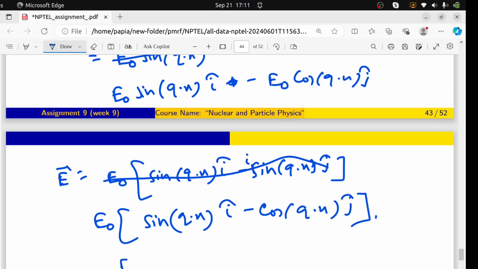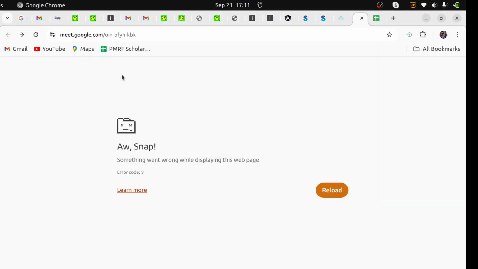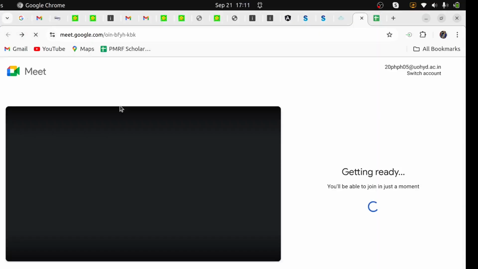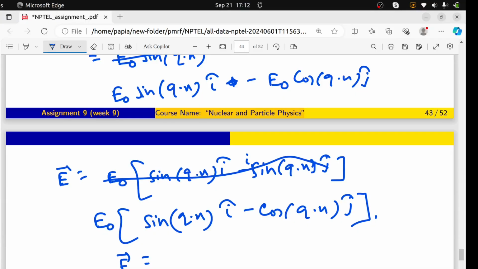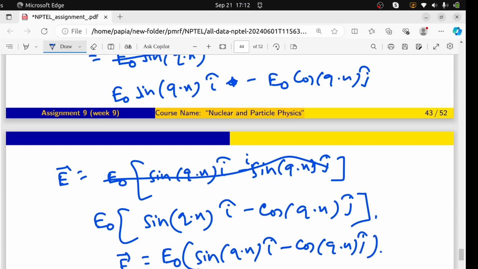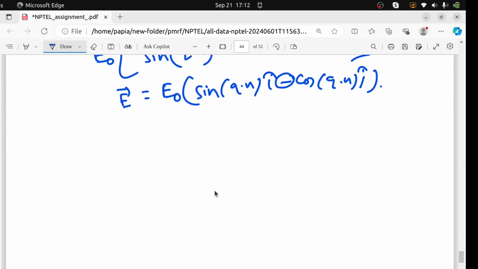Okay, so this is the final expression for E vector. Actually here one minus sign will be there because of that epsilon 2 value.